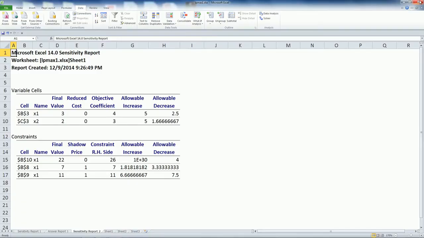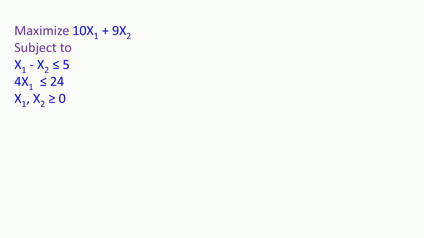Now let us move to a couple of other examples where we understand a few more things in linear programming. To do that we go back to this. When we looked at the simplex algorithm, we looked at three situations.